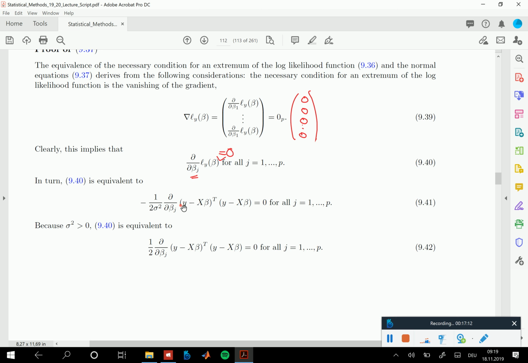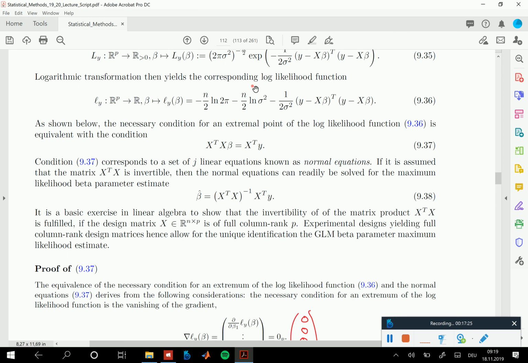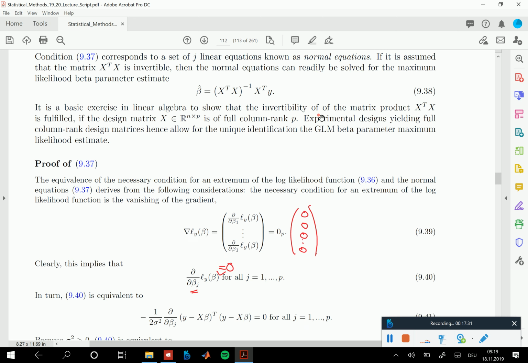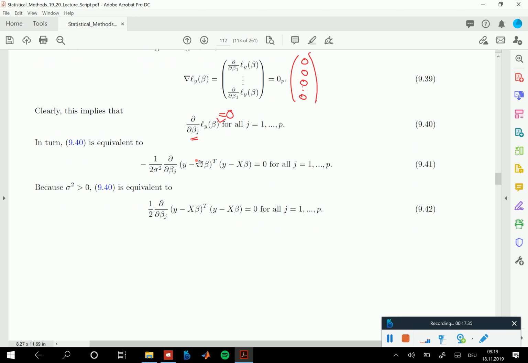What I also left out already is the log sigma square term, because if you compute the derivative with respect to beta j, this term is going to 0 and this term is also going to 0, so I'm only looking at a term where beta is involved, something that is not immediately 0.